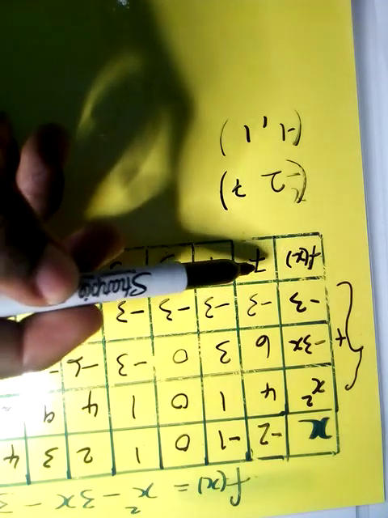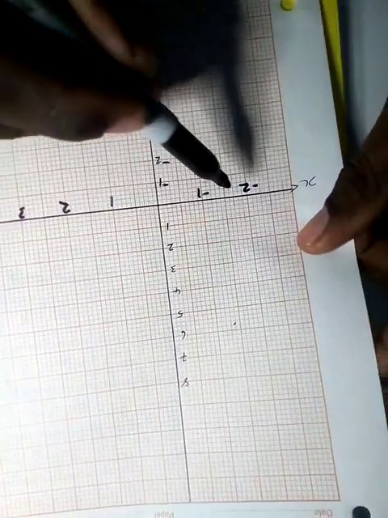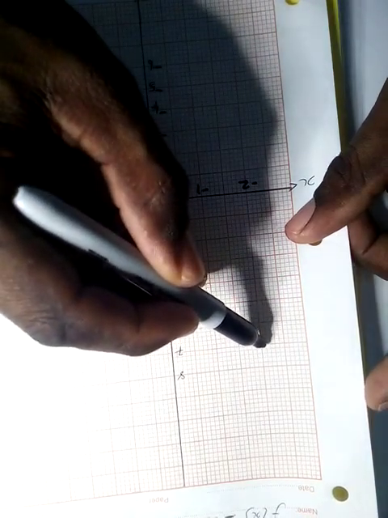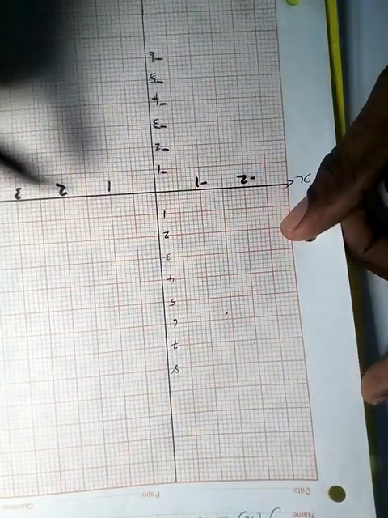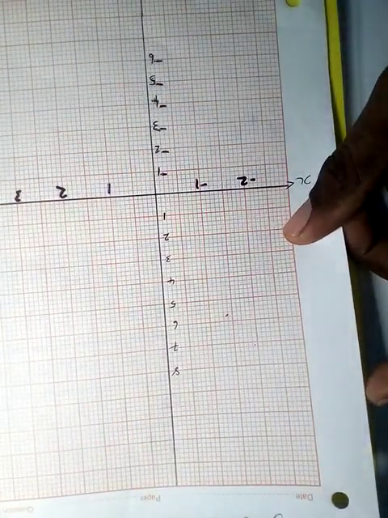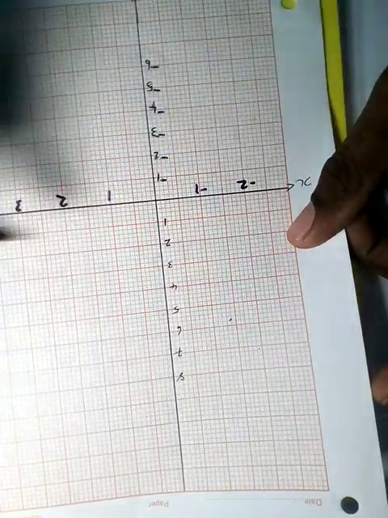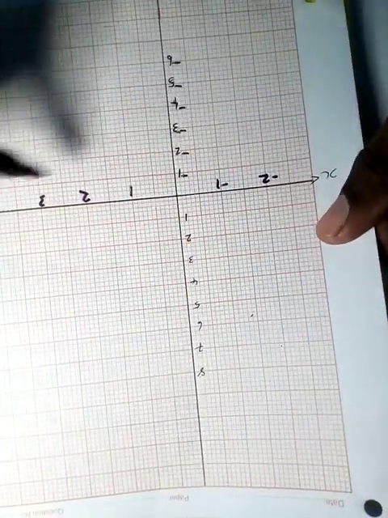So let's go. The first point is minus 2 to 7. So it's negative 2 to positive 7. So we go horizontally to find the x values and vertically, so up or down. If you're going horizontal to find the y value, then you're making errors.